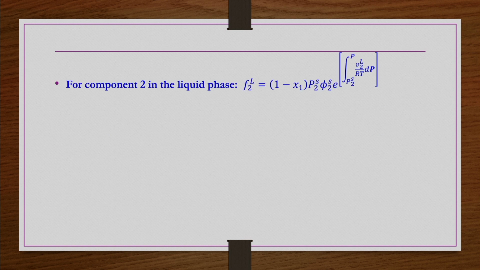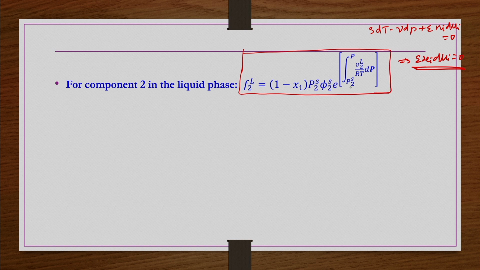Now for component 2 also we can write it, because we know from the Gibbs-Duhem equation that SdT minus VdP plus sigma Ni d mu i is equal to 0. In terms of mole fractions, sigma xi d mu i is equal to 0. Following these conditions for both components, we make use of this relation and do some simplification.